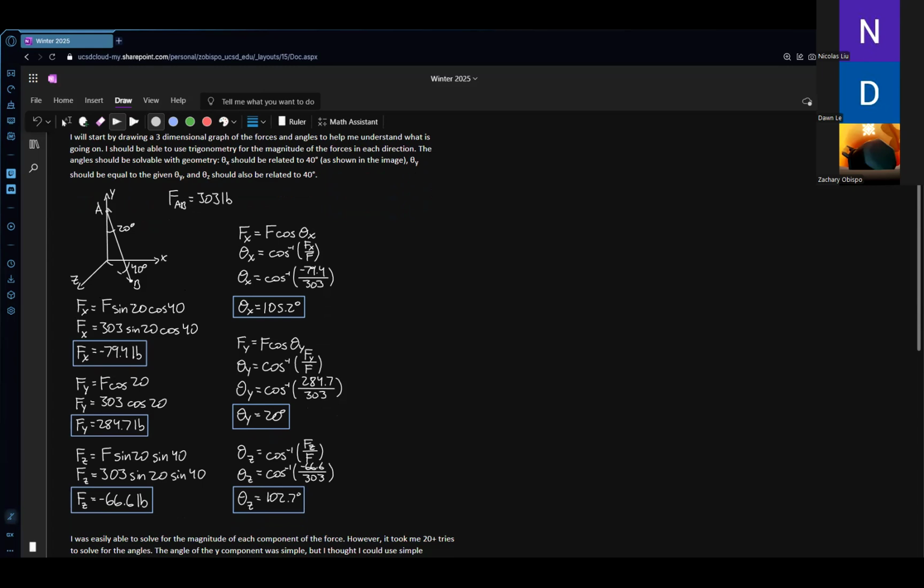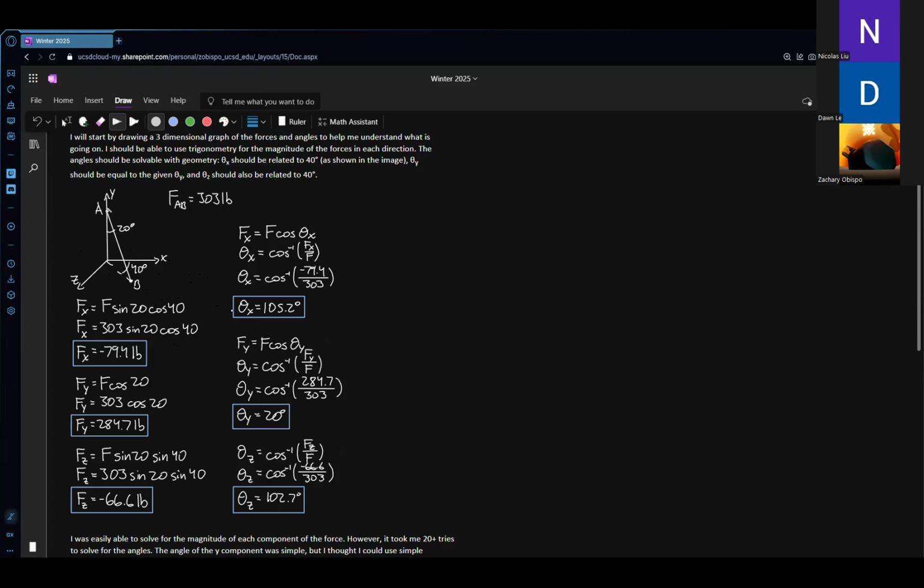Let's start with the force in the x direction, the x component of the force. To do that, you take the magnitude of the force and plug in the angle of the y value, and that gives you the magnitude of force in the XZ plane. That's your F of H force.